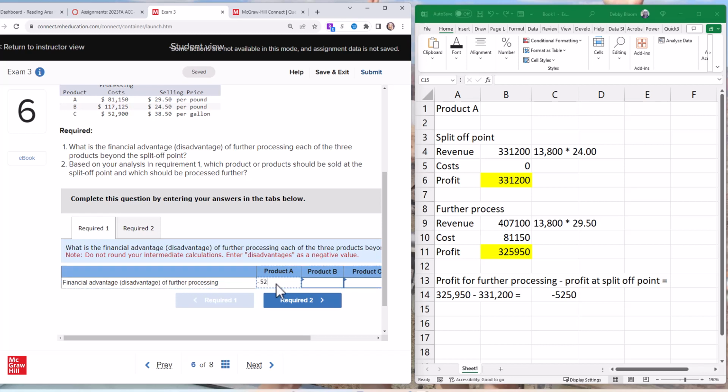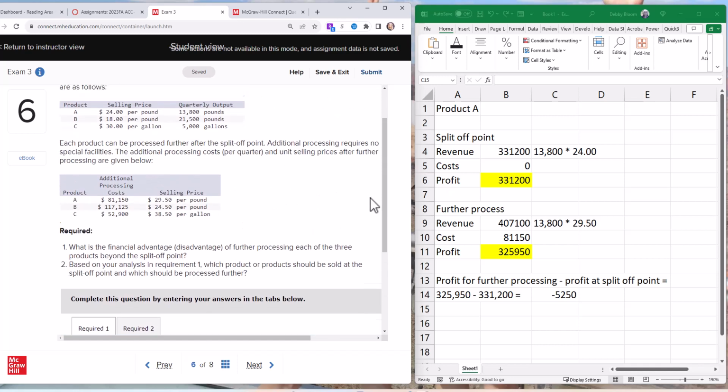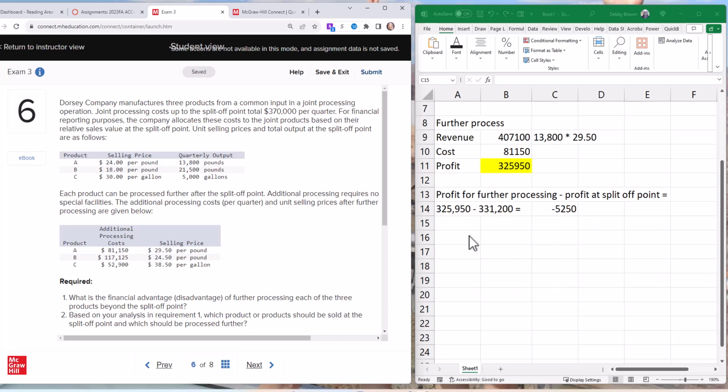So negative 5,250. Now let's do exactly the same thing for B. So we're going to now look at product B. We're going to sell product B first at the split-off point. And remember, at the split-off point, there are no costs.